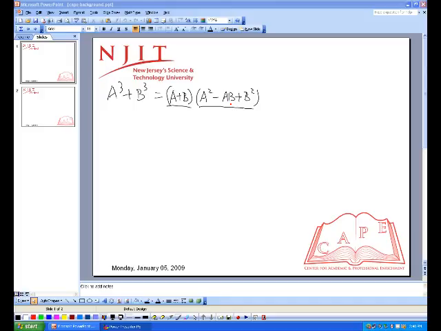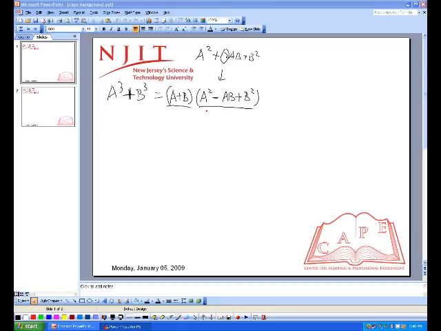Remember the square of the binomial, a squared plus 2ab plus b squared, that formula, except that there's no 2 here, see? And also the sign is negative, which is different. Okay?